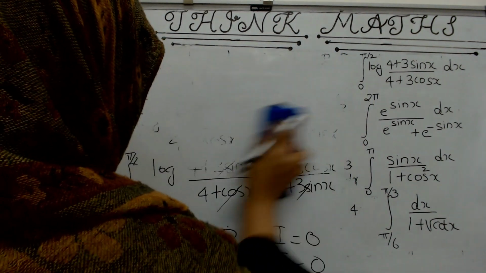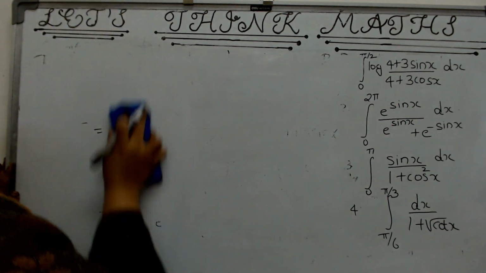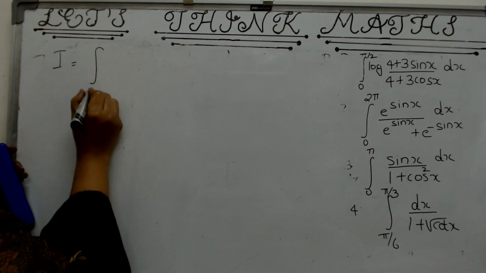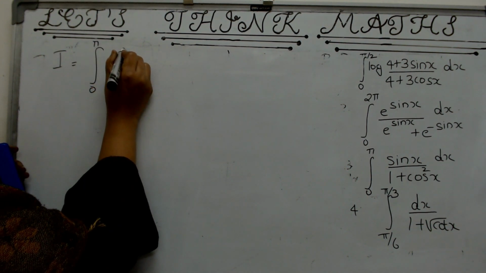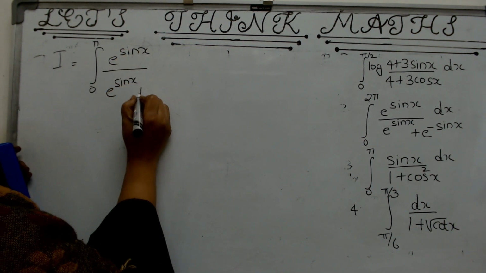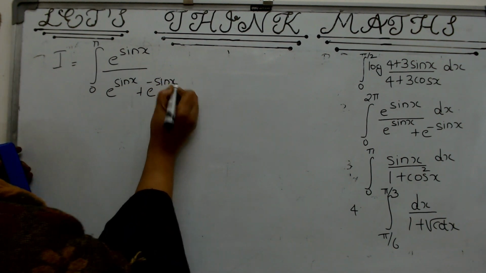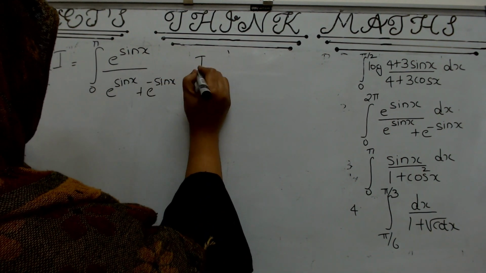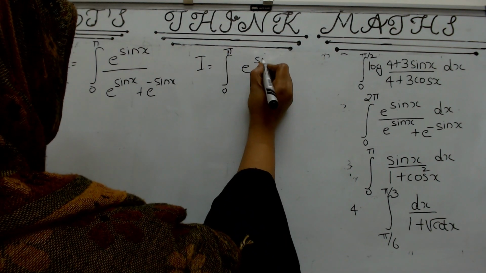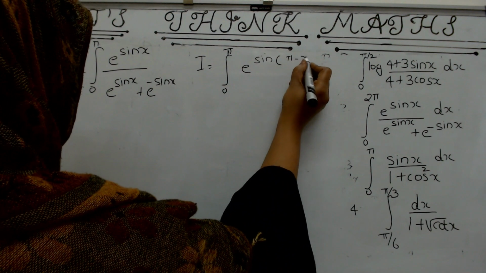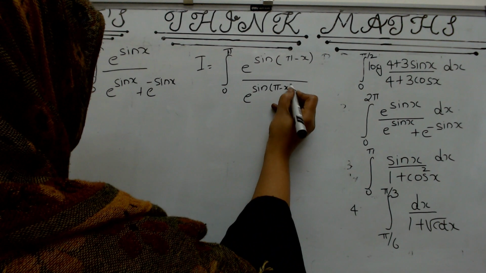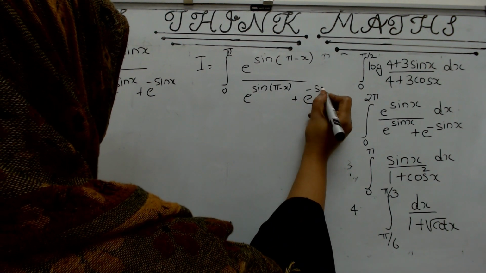How do you deal with the second one? The same way. Take two values of I. The first value is just with the ordinary x: e raised to sin x plus e raised to minus sin x. And the second I, where you substitute x with pi minus x, and wherever you see x you substitute it with this.